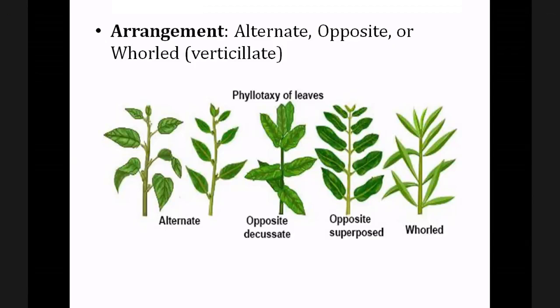The next category is the opposite superposed. Here the opposite leaves are not at right angle to the adjacent pair. They lie exactly above those opposite leaves. There is no right angle.